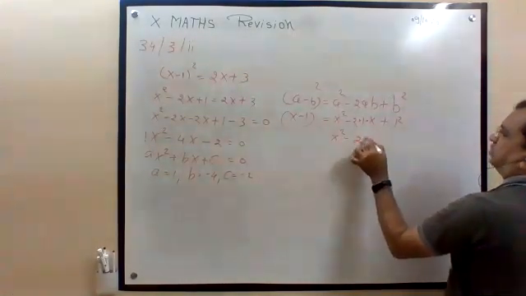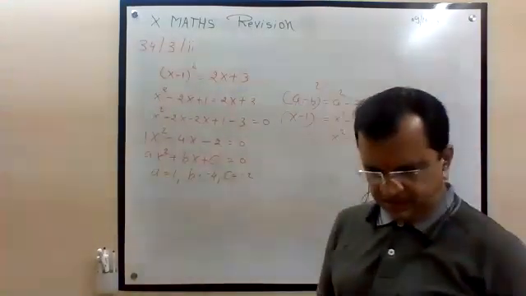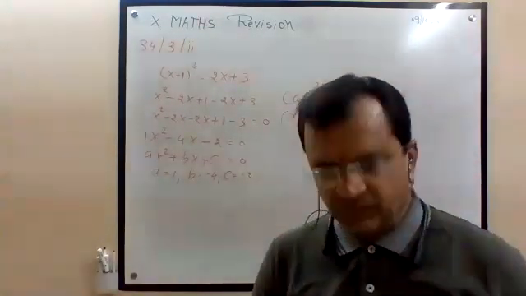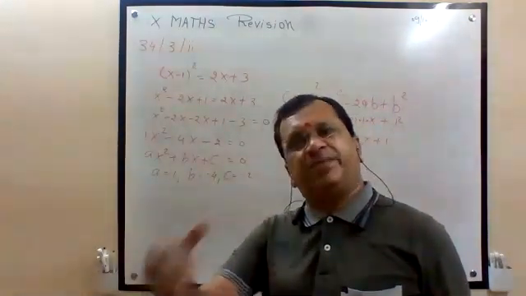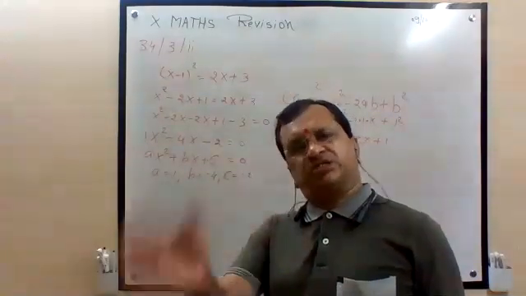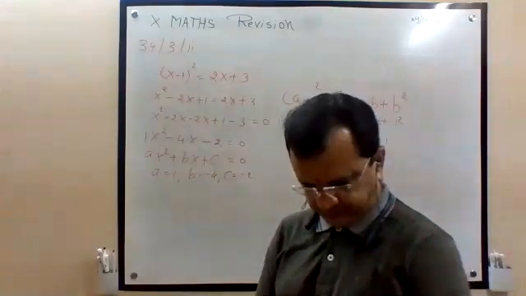So x square minus 2x plus 1. Follow? (a minus b) total square is equal to a square minus 2ab plus b square. (a plus b) total square is equal to a square plus 2ab plus b square. Next.